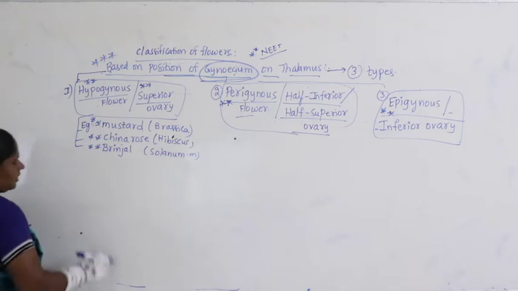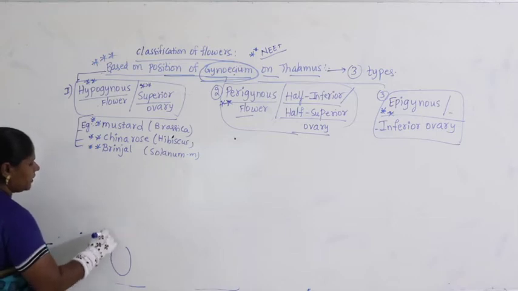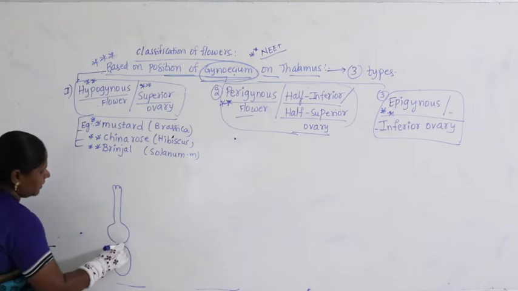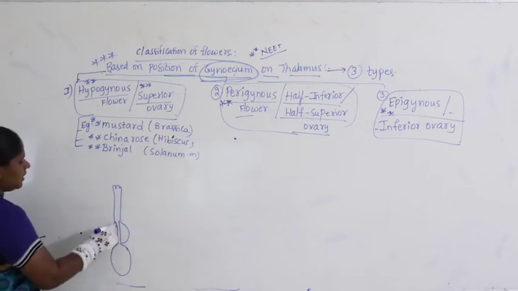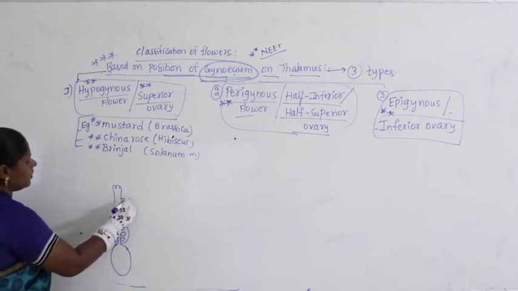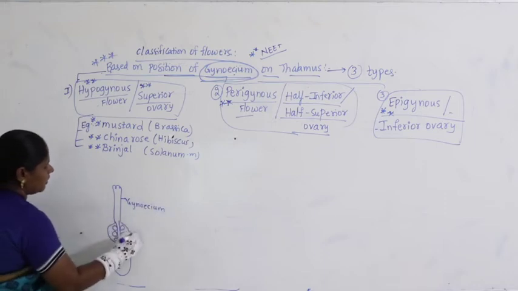Now, where is the position of the ovary? Look here. This is the thalamus. At the tip of the thalamus you find the position of the ovary. So, this is nothing but the ovary. On either side of it ovules are born. This is nothing but gynoecium. Where is the ovary present?